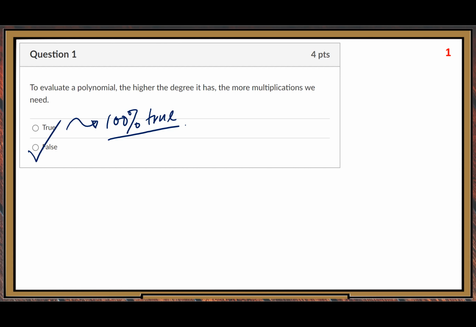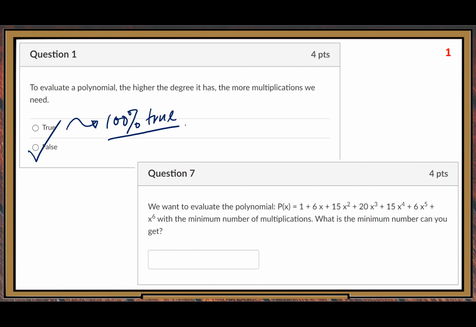Here, let me use question 7 because these two are related. So let us discuss together. Question 1, we talk about the general formula, but we can consider special cases. Question 7 gives us a special case.